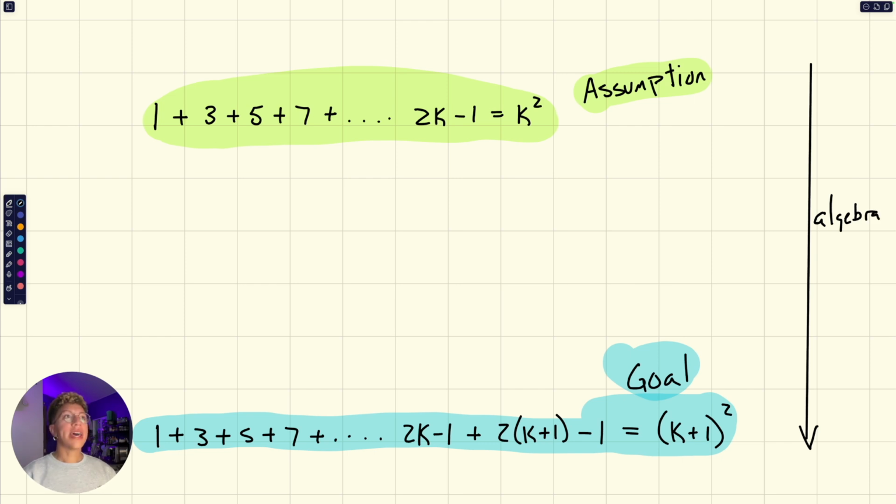So our first step in this process is to notice similarities between the assumption and the goal.